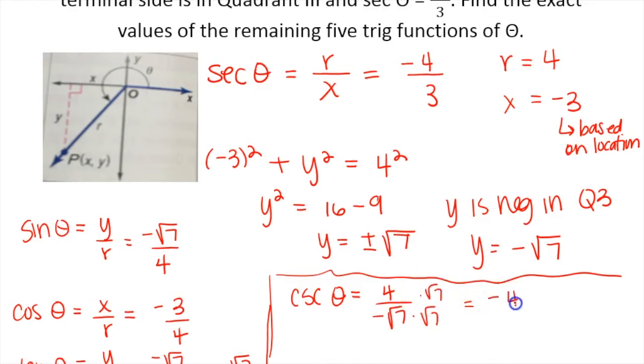So that gives me -4 square root of 7 over 7. And then secant of theta is -4 over 3, and cotangent of theta is 3 over the square root of 7, which comes out to be 3 square root of 7 over 7.